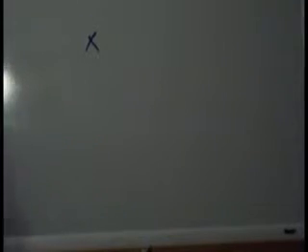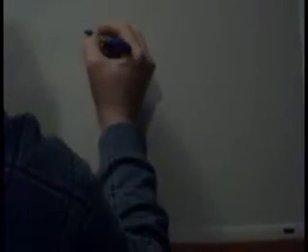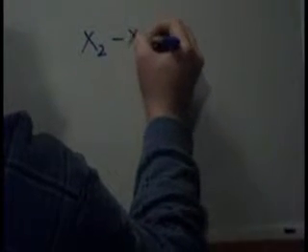Now what you're going to have, we know that the distance of that line we just had up here a minute ago, and I'm sure you've got it right in front of you right now. The distance of that line is actually X2 minus X1.